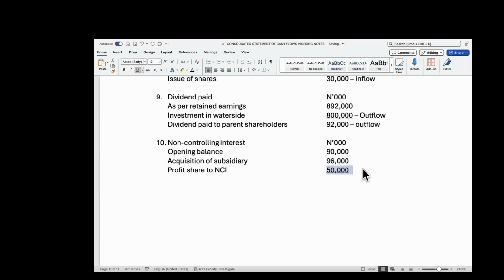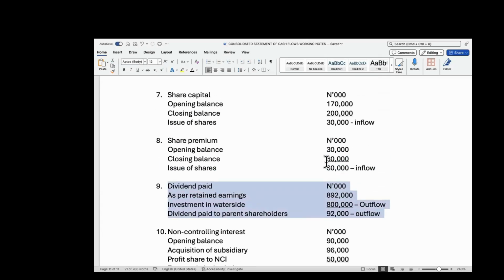Sorry, sir, before I get lost, when we were doing this retained earnings, we didn't make mention of profit for the year. Yes, sir. So I didn't bother doing the movement in retained earnings again. I know that the balance will be the dividend paid.